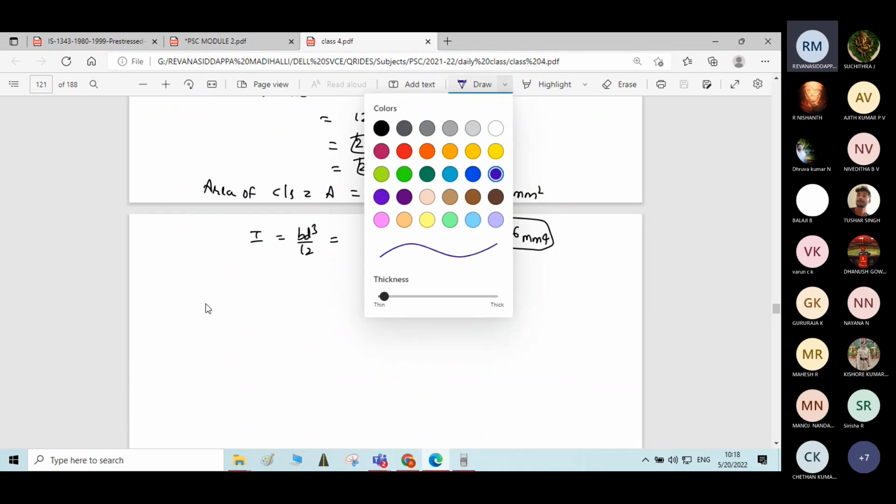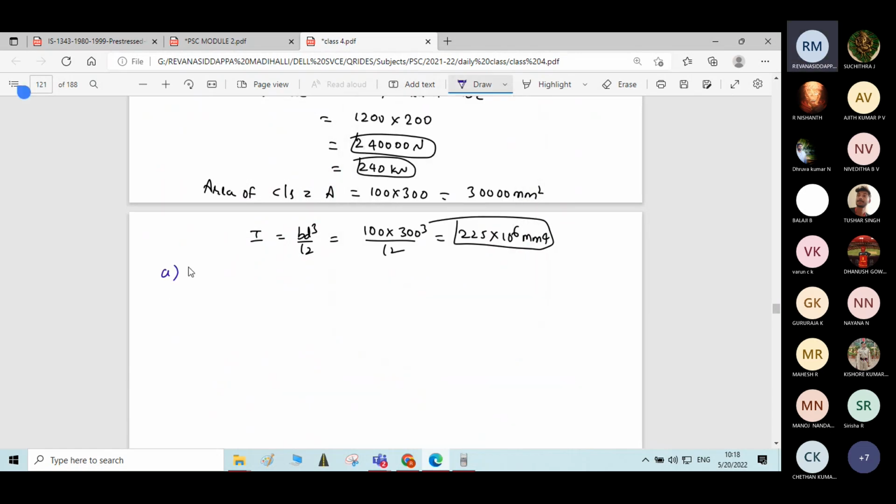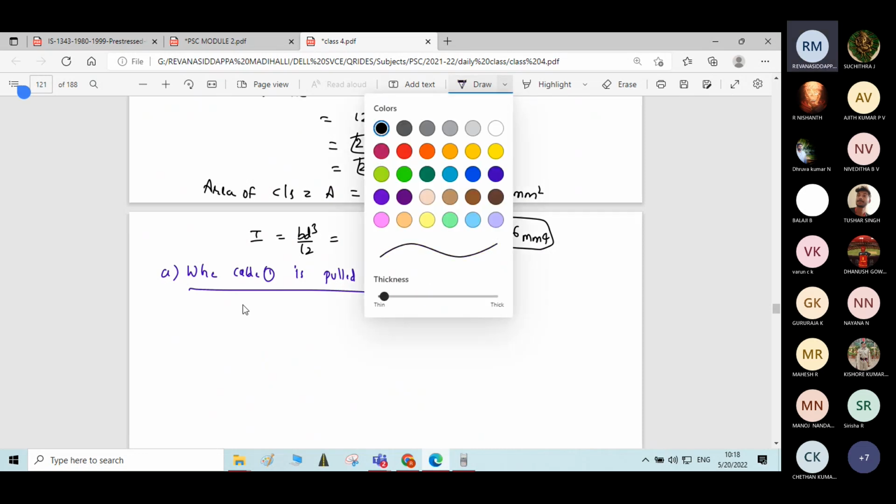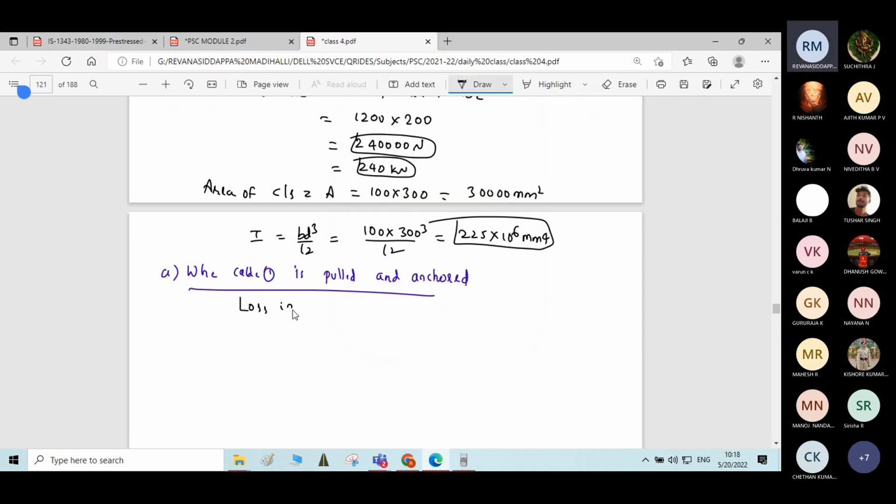When cable 1 is pulled and anchored, what will be the loss in cable 1? Loss in cable 1 will be 0.